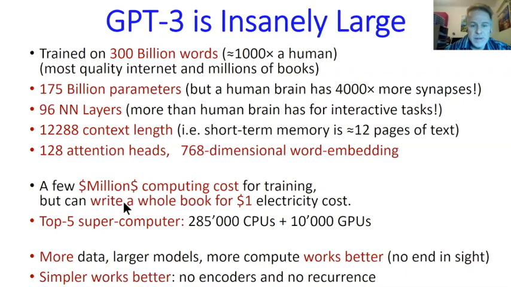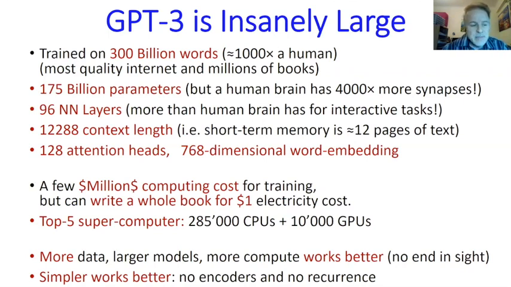And well, it did cost a couple of million dollars for training the network. But once it's trained, it's very cheap to apply because there's no fine-tuning or online learning going on. So it could probably write a whole book for $1 or so of electricity cost. And it has been trained on one of the largest supercomputers of Microsoft with 10,000 GPUs and 100,000 CPUs.